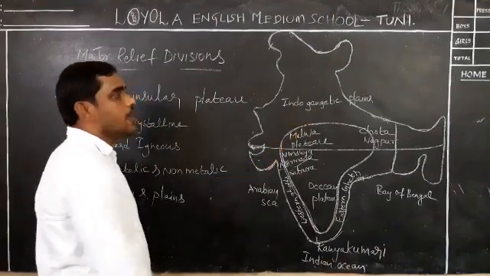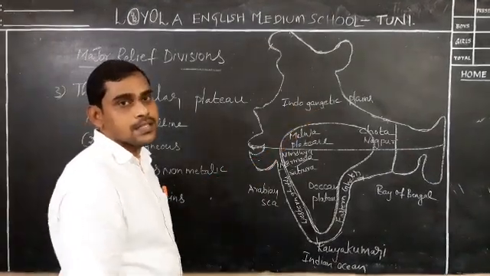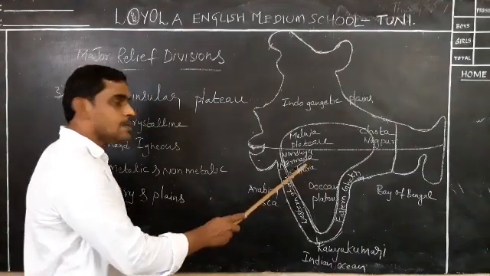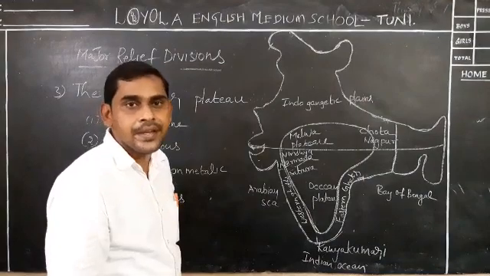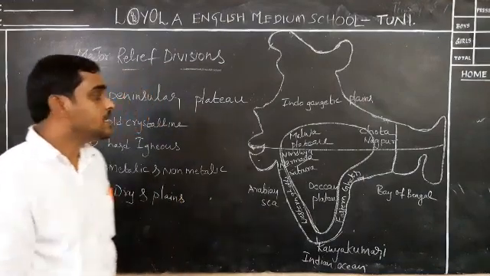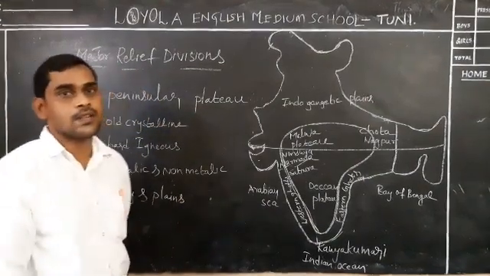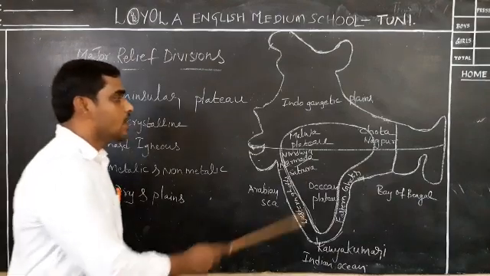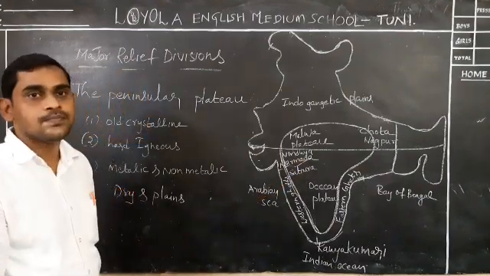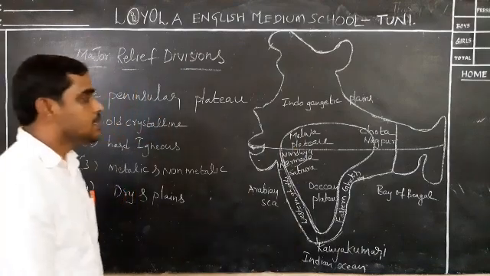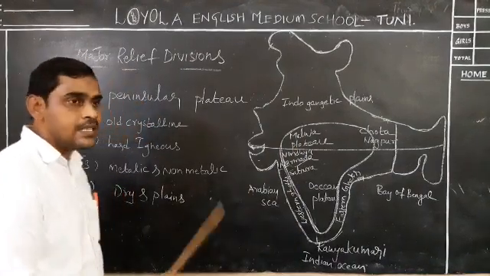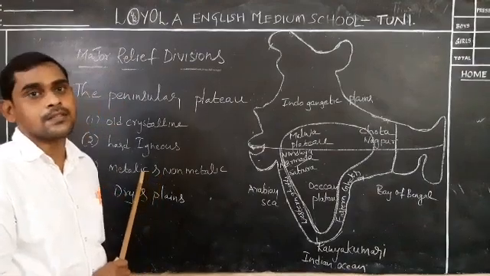Perennial rivers flow here. In the plateau region some rivers also flow, but these rivers are not perennial. These are the peninsular rivers. What are they? For example, Godavari, Krishna, Mahanadi, Kaveri. So these are the peninsular rivers, and they are not perennial.